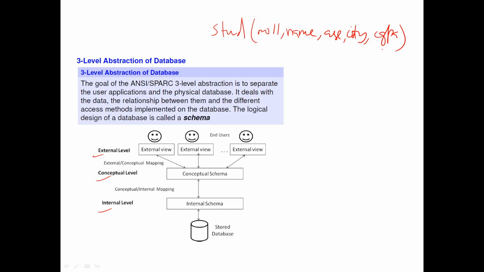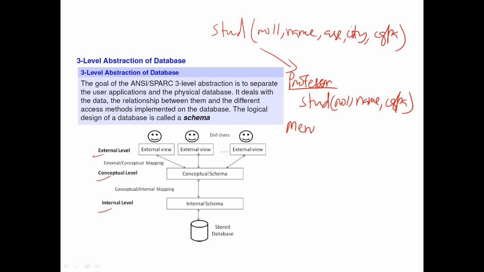From the student, different user groups can view the student in a different way. For example, there is a professor. The professor may deal with the details of student considering the roll number, name and CGPA. So the age and city are immaterial for the professor. There is one mentor.